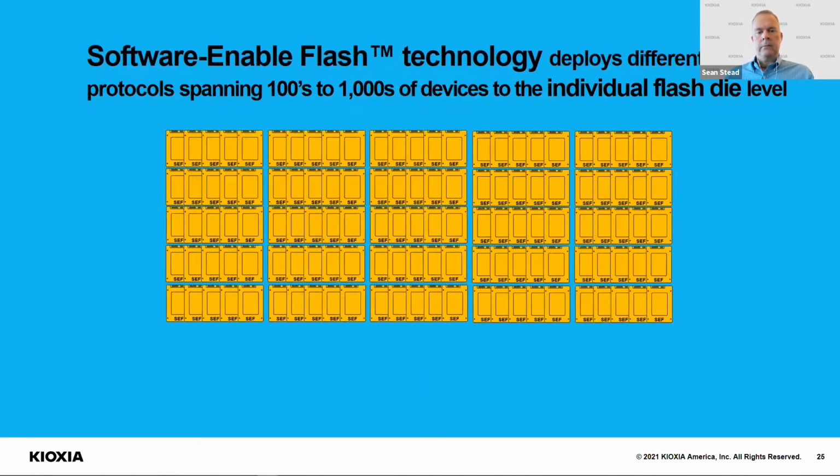Now, this one part number for the software-enabled flash storage device can be deployed with hundreds or thousands of devices, again, to meet whatever the total storage capacity requirements are of the data center. And to help understand this deployment, let's look again at just one unit to explain software-enabled flash's capabilities.